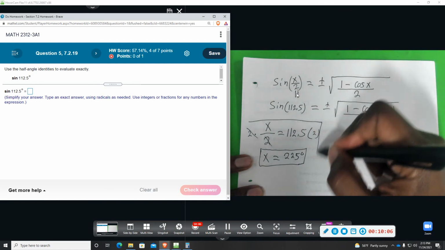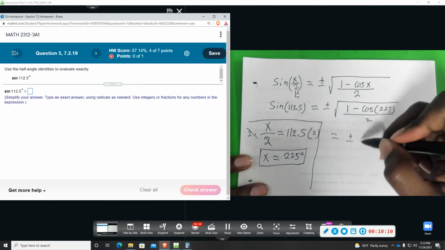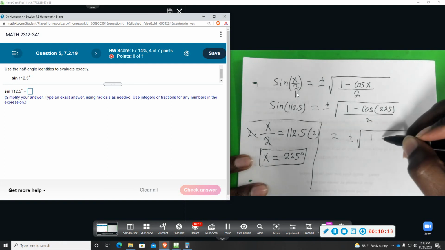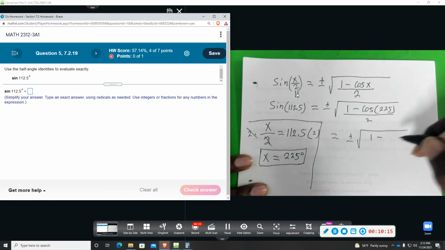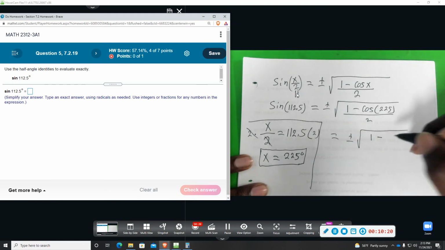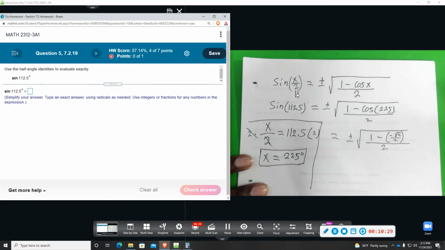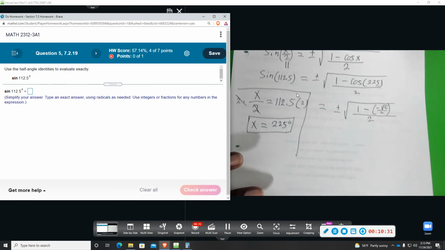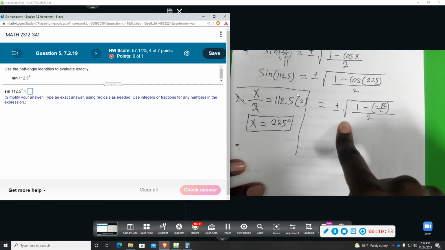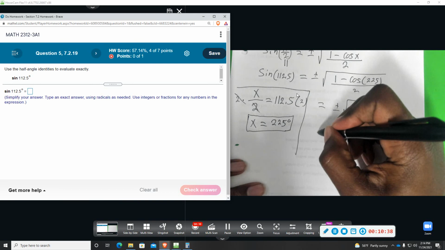So this is side work, so I'm bringing this part down. We have plus or minus square root of 1 minus, and then what was the cosine of 225? It was negative square root of 2 over 2, all divided by 2. And I'm going to give each of these their own separate square root in just a moment.